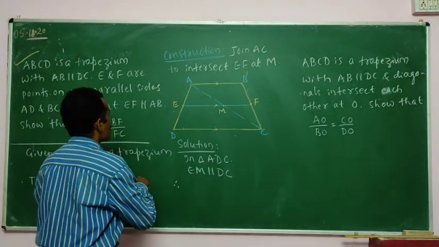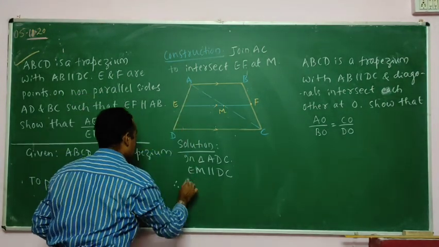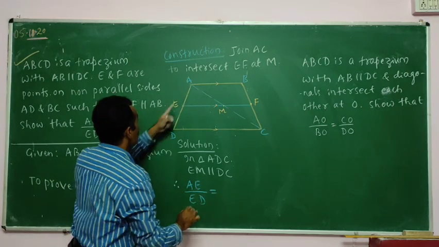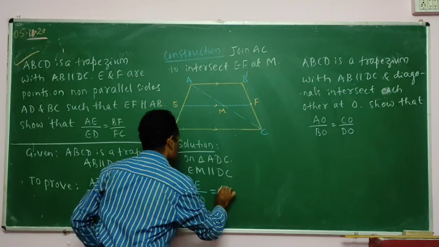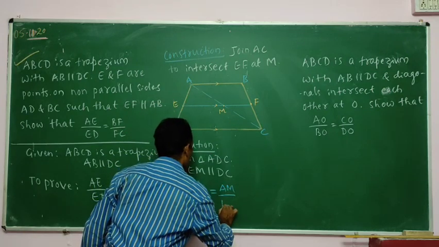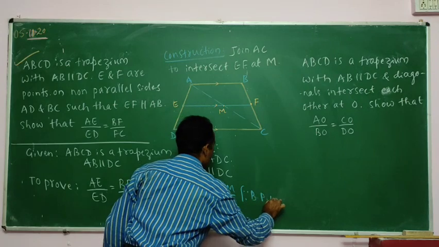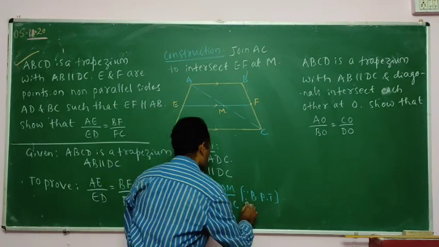Therefore I can write AE by ED is equal to AM by MC. This is because of basic proportionality theorem.